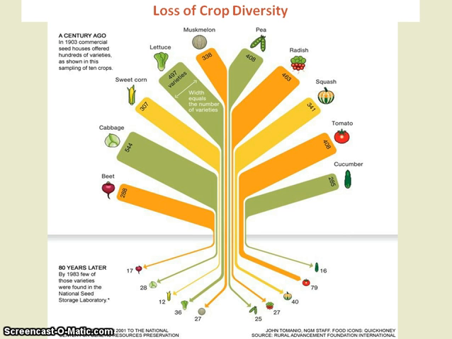Agricultural biodiversity has decreased by 80 to 90% over only 80 years, between 1903 and 1983, for most of the common crop varieties. And this loss of genetic diversity will lead to less food security.